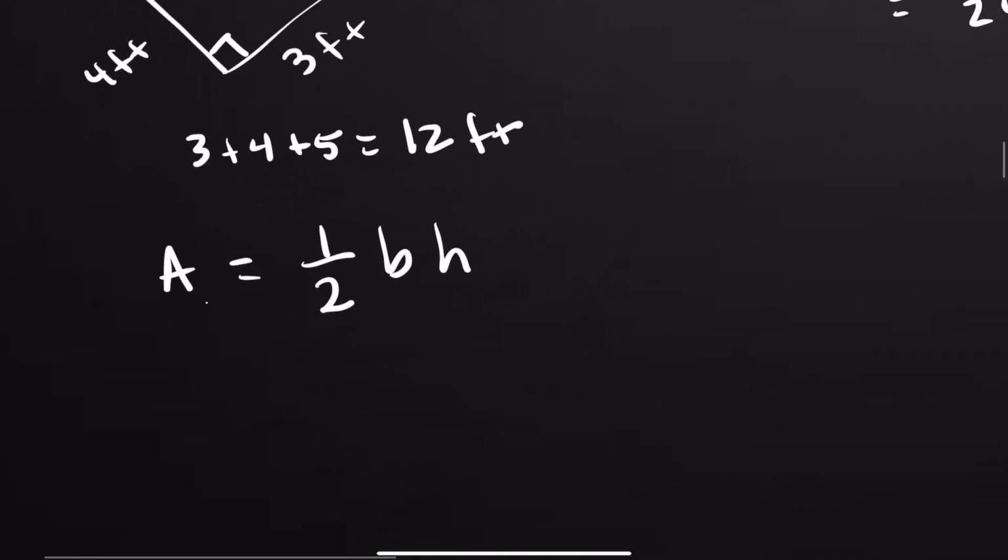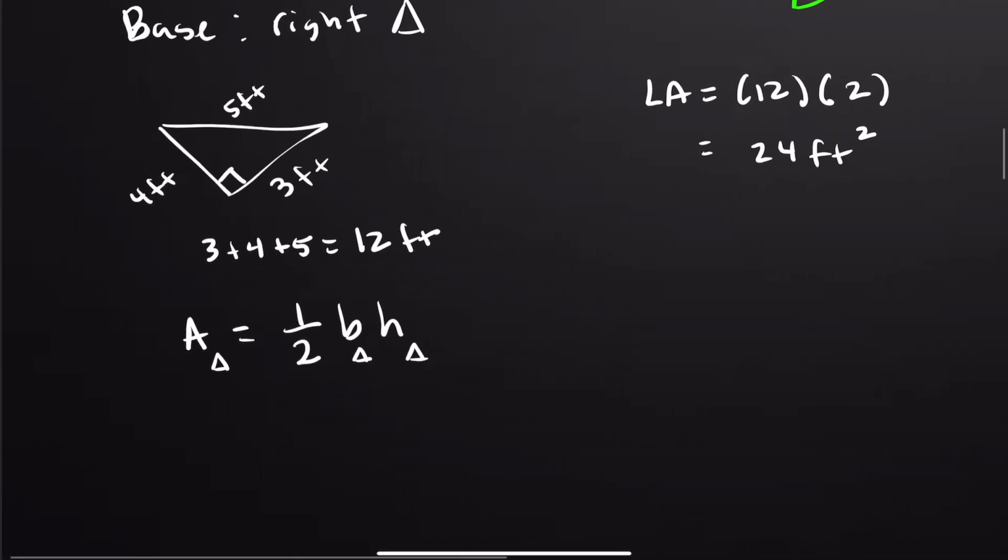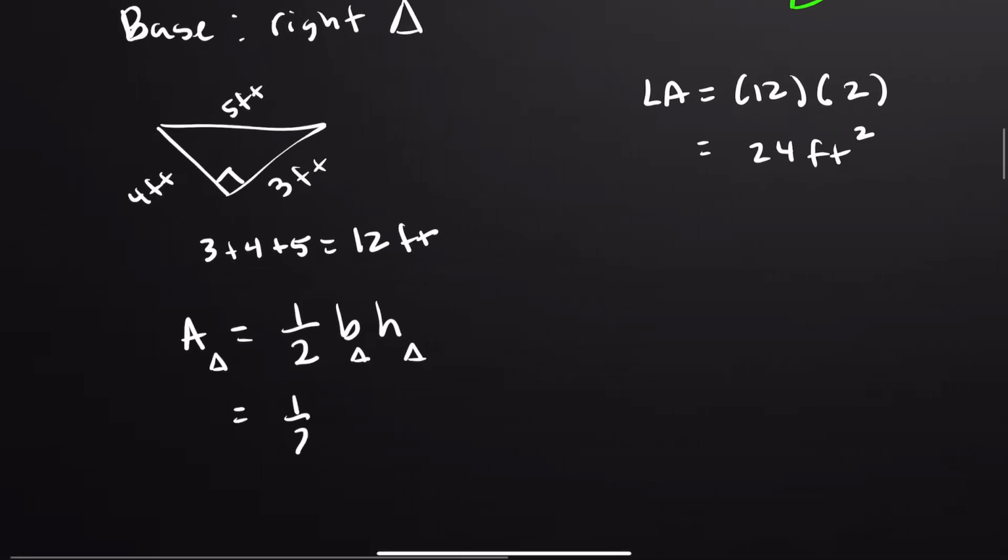So the area of this triangle is equal to 1/2 the base of the triangle times the height of the triangle. So 1/2, the base is going to be 3, and the height of the triangle is 4, not 2. So then 1/2 of 3 times 4, that's going to be 6 feet squared.